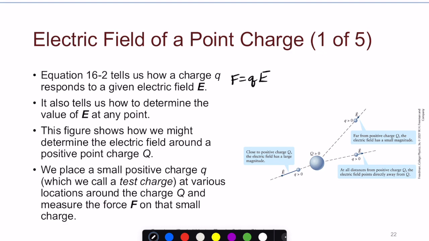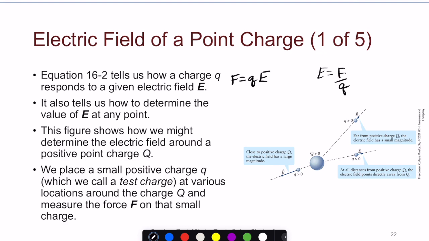We can also use that test charge, little q, to figure out what the electric field might look like around a charge, big Q. We're going to assume that they're both point charges. We take this little q and stick it in different locations, and we can measure the force that little q feels, and then we can convert that to electric field by just rearranging equation 16.2.